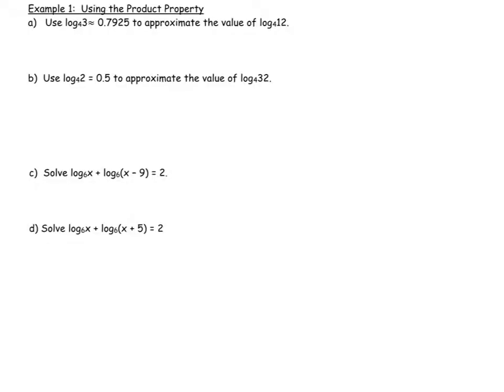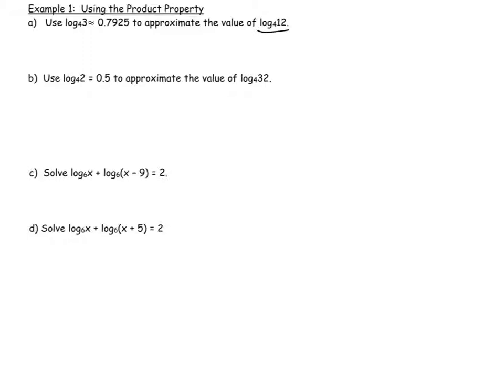In example 1, we're going to be using the product property. So it's really nice that they go ahead and tell us what we're going to be using. They gave us log 4 of 3 is approximately 0.7925. So we know that we're going to end up using that. Okay, we're going to end up using log 4 of 3 in some way. So we have the equation log 4 of 12 that they want us to be using.